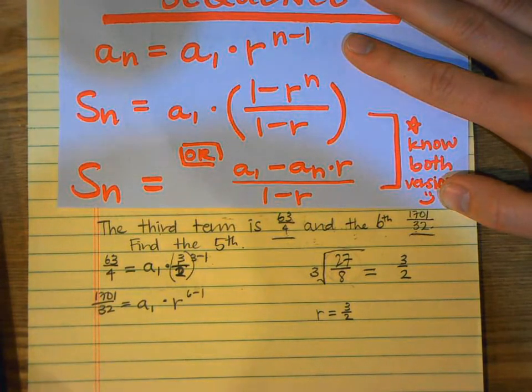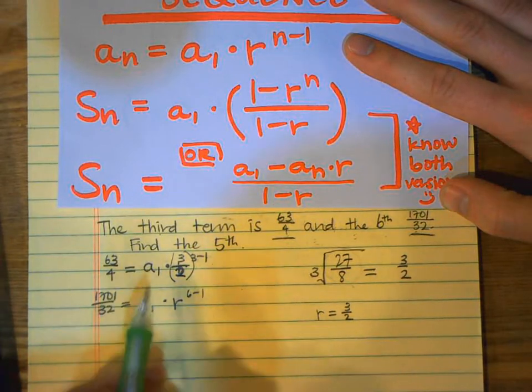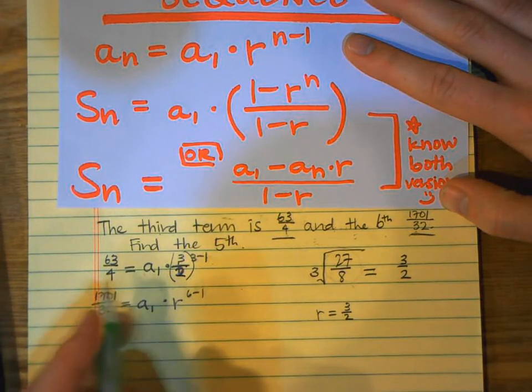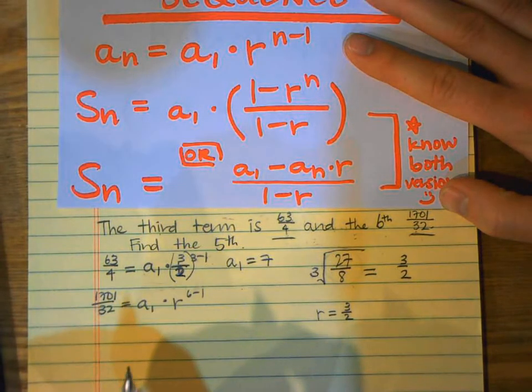Now I'm going to do 63 over 4 divided by 2.25, and that gives me 7, which tells me that this first term was 7. So I did algebra here to isolate a sub 1. Based on this, I get a sub 1 equals 7.